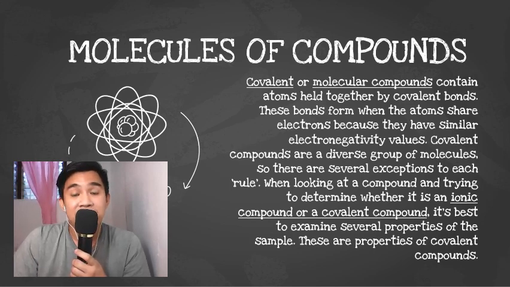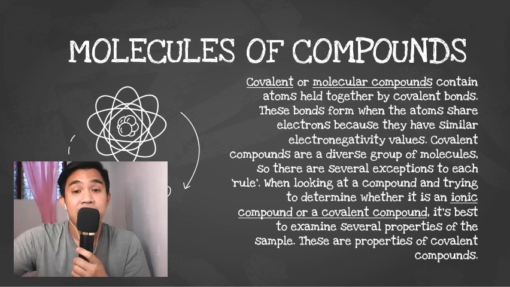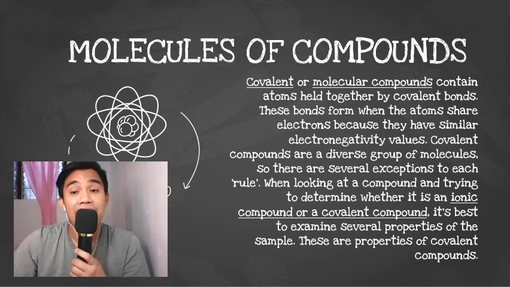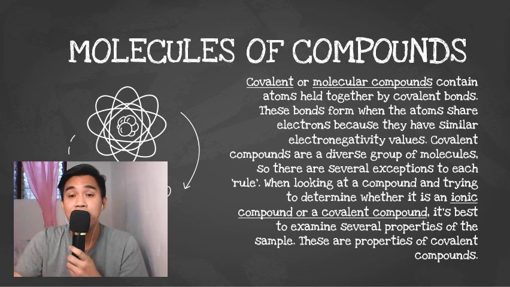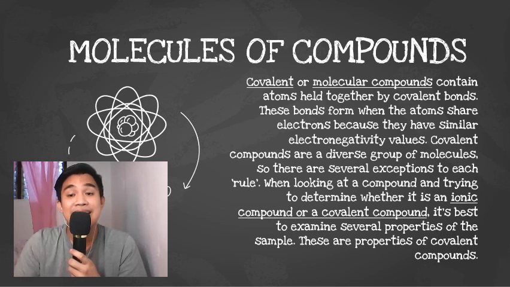Covalent compounds are a diverse group of molecules, so there are several exceptions to each rule. When looking at a compound and trying to determine whether it is an ionic compound or covalent compound, it's best to examine several properties of the sample, and these are properties of the covalent bonds.